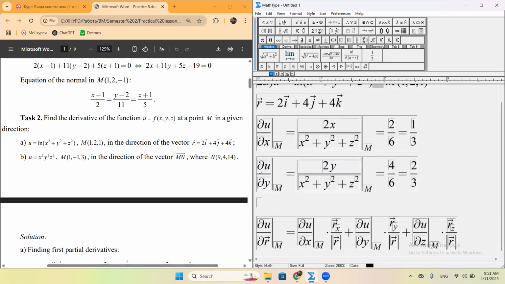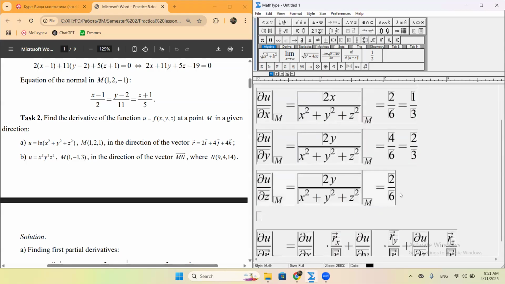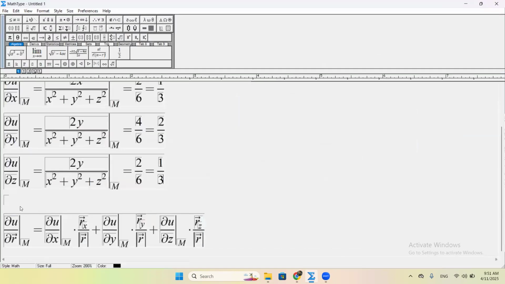And now calculating the partial derivative by z. So 2 over 6, so 1 over 3. So calculated partial derivatives, and now what do we have to find?